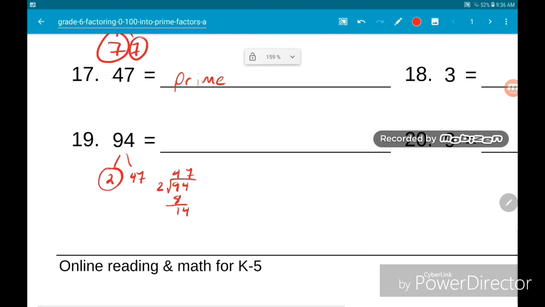We had just said that 47 is prime. So the prime factorization is 2 times 47.